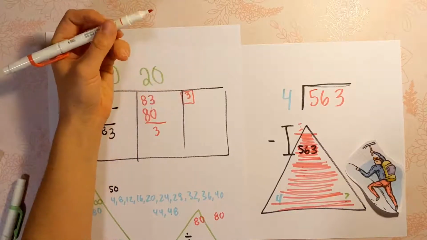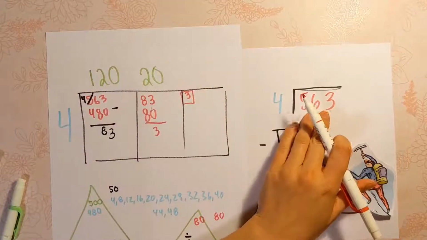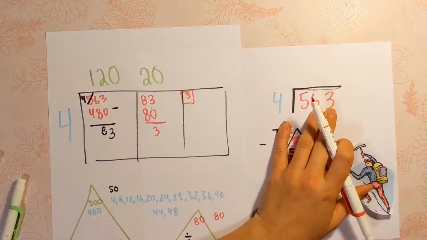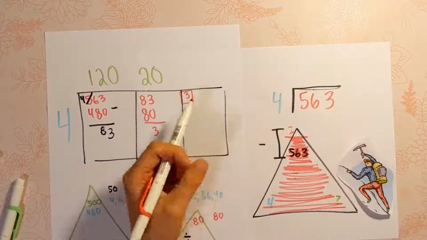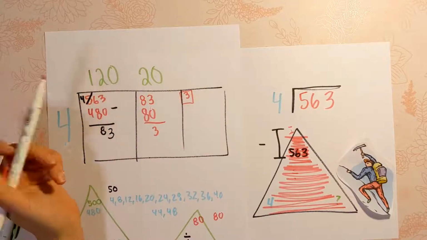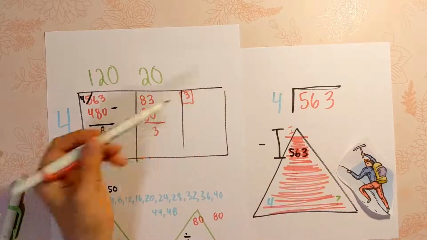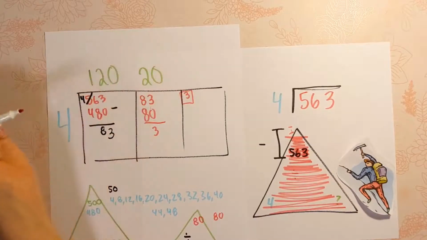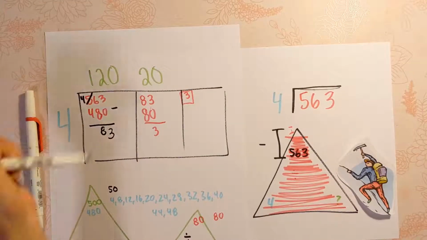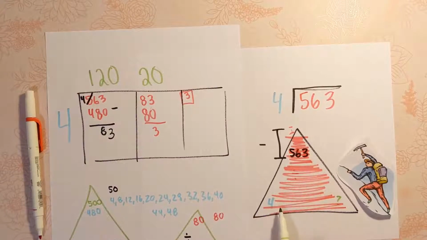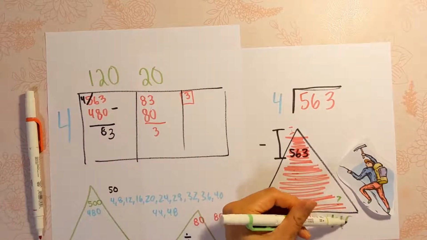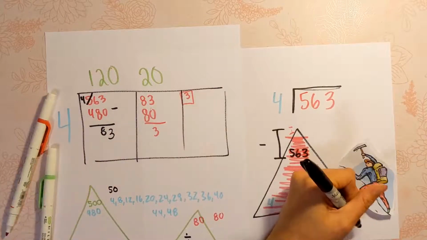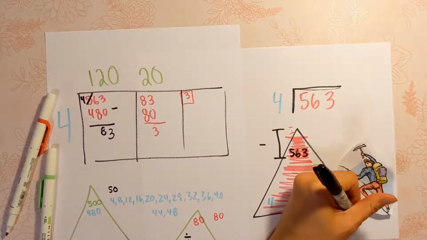This is our remainder. That means if I had 563 brownies and I was trying to divide them up onto 4 plates, I would end up with 3 left over that I just can't divide evenly. So this is our remainder. Remainder 3. Therefore, 563 divided by 4 is 120 plus 20, which is 140, remainder 3.